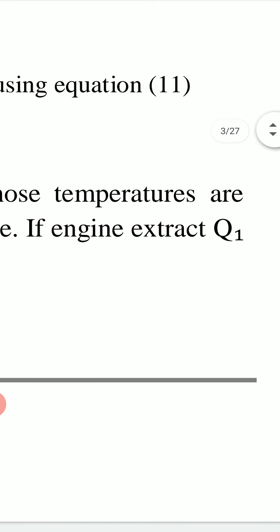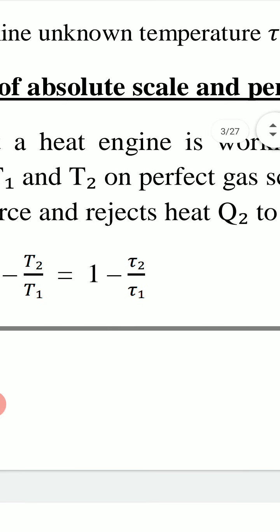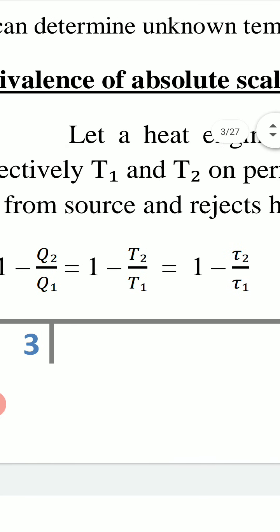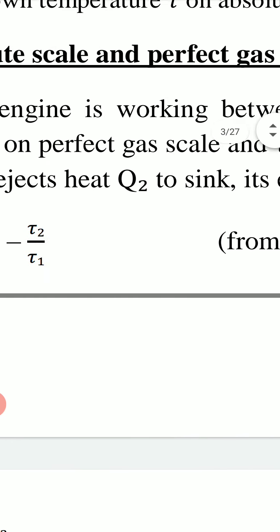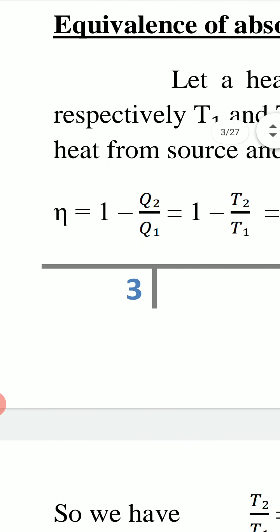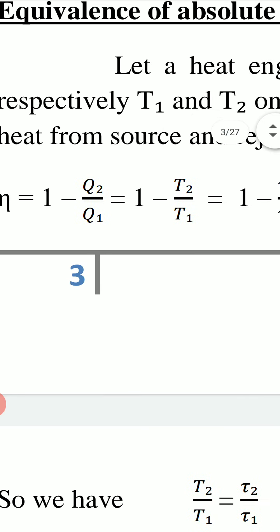If the engine extracts Q1 heat from the source and rejects Q2 heat to the sink, its efficiency eta will be given by eta equal to 1 minus Q2 upon Q1, and this efficiency is equal to 1 minus T2 upon T1, because Q2 upon Q1 is T2 upon T1.